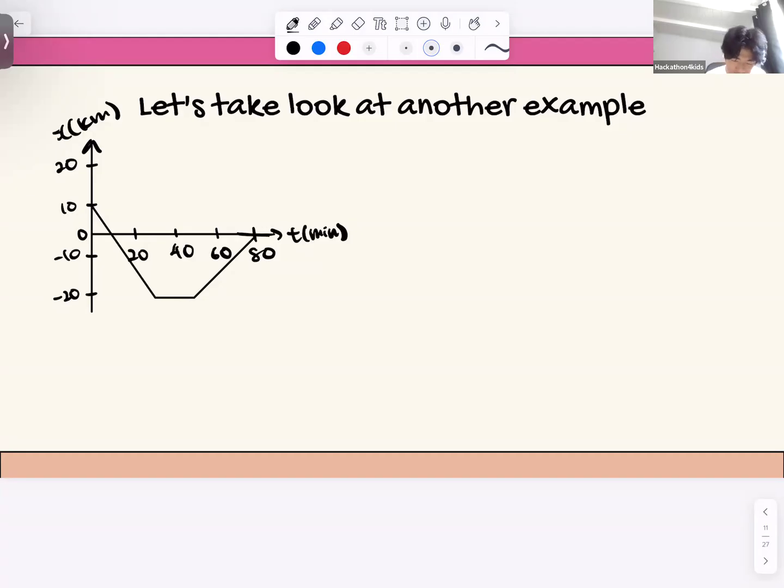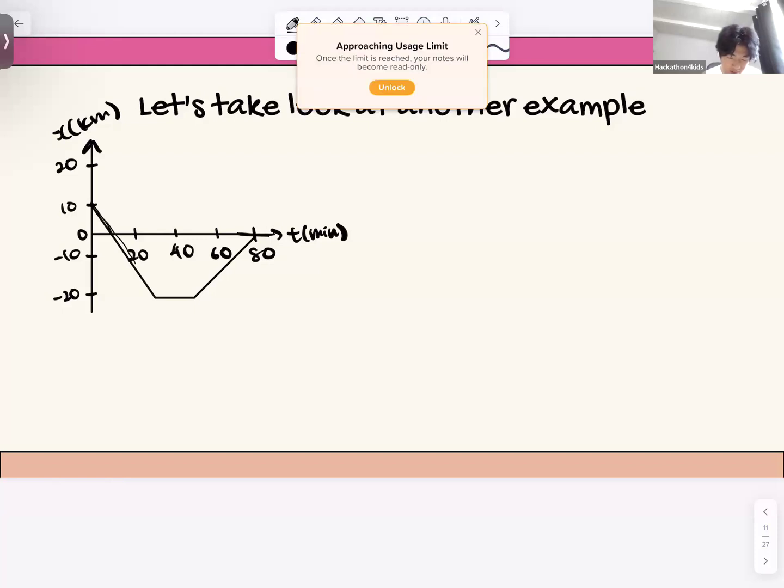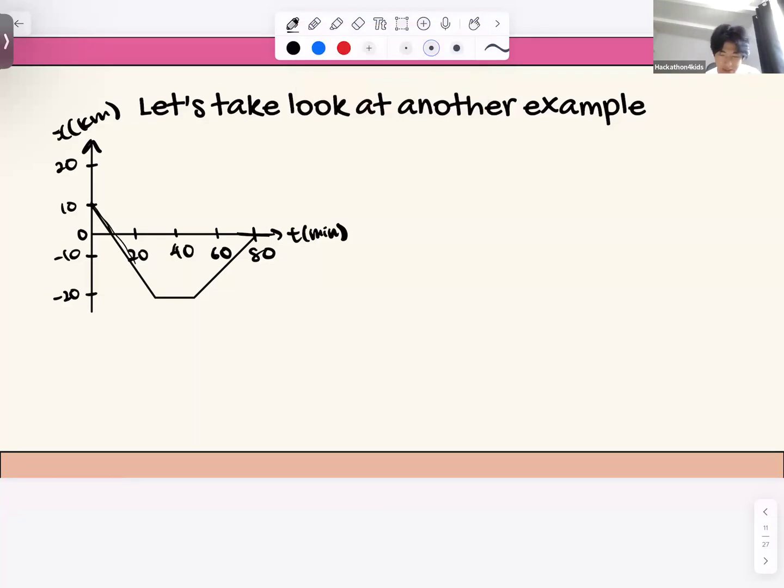This is quite special because remember, velocity is a vector, right? It can go in different directions. You can see here that the slope is negative, right? It's going down. Your position is going negative, right? So your velocity would be negative from 0 to 30 minutes.